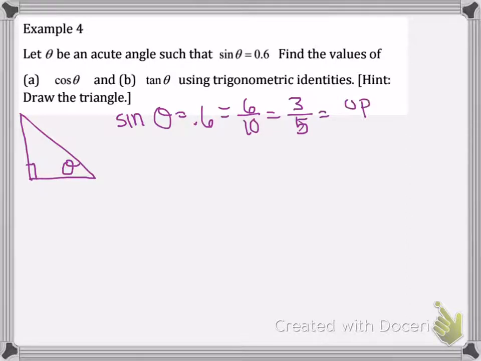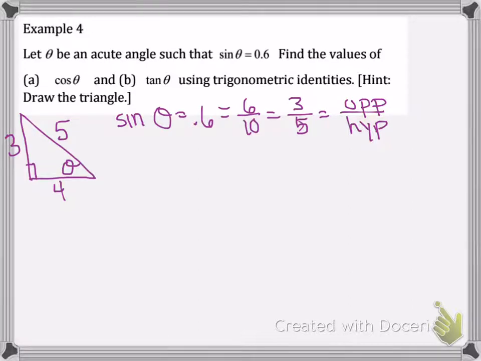So that means 3 is my opposite and 5 is my hypotenuse. So my side opposite my angle is 3, the hypotenuse is 5, which leaves the third side to be 4 because it's a 3, 4, 5 right triangle.